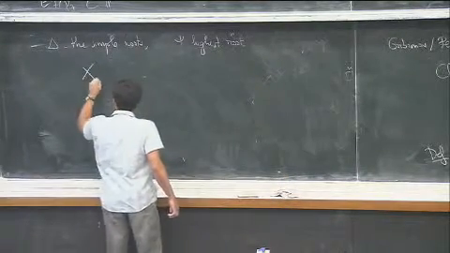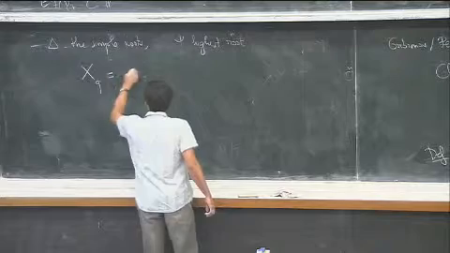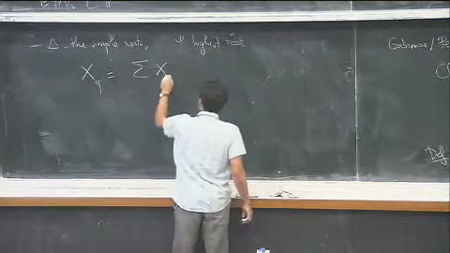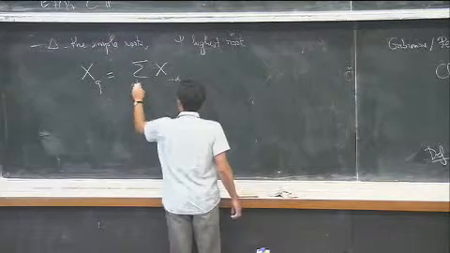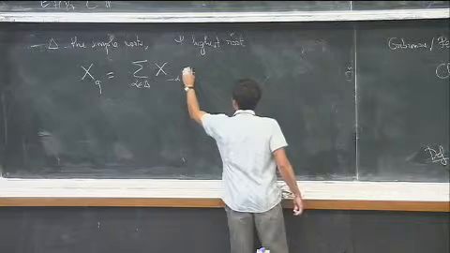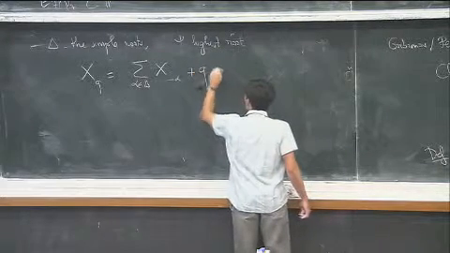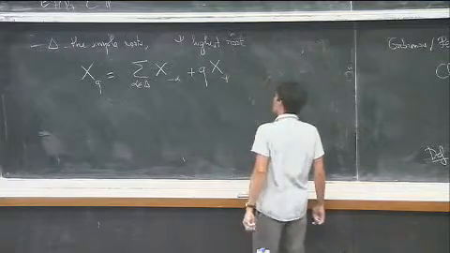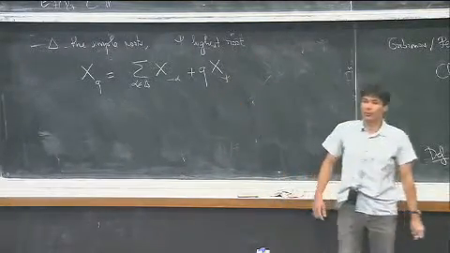And then you can define x_q as the same element, the principal nilpotent I introduced before, and you add q times the root vector corresponding to the highest root.